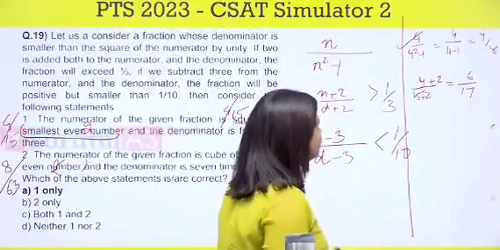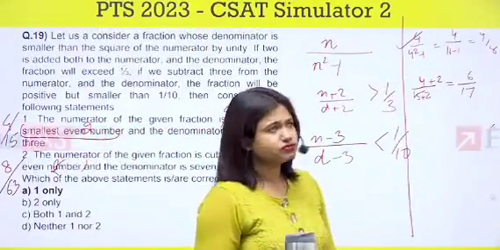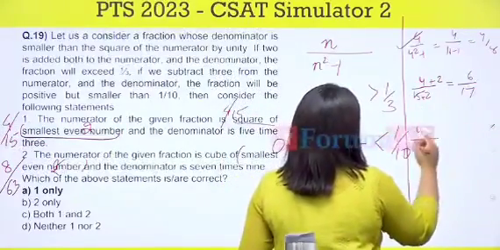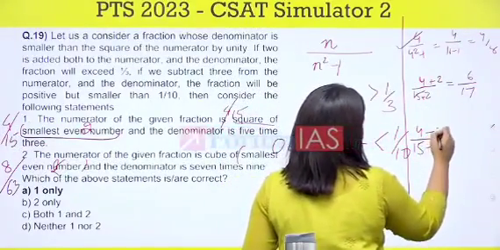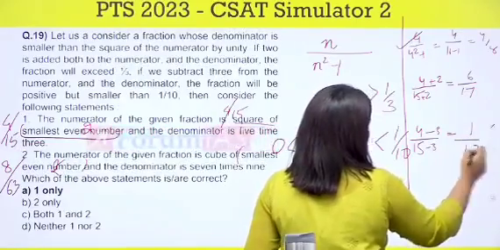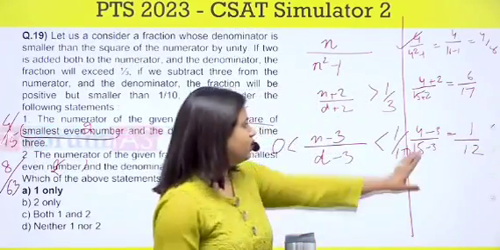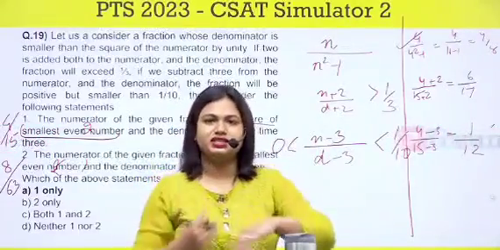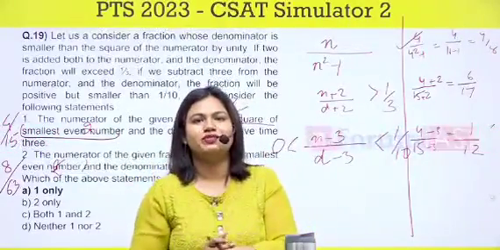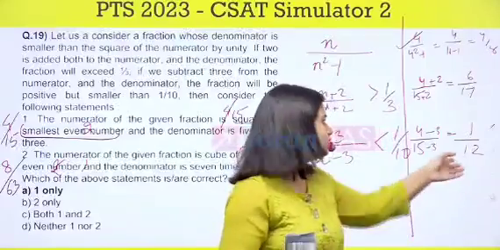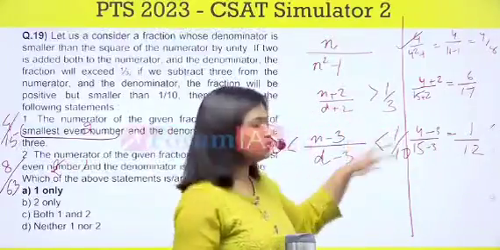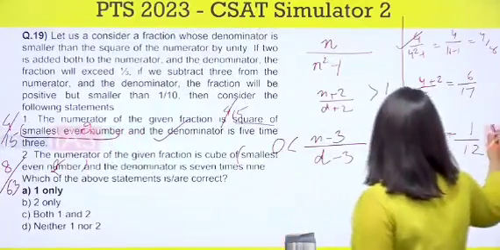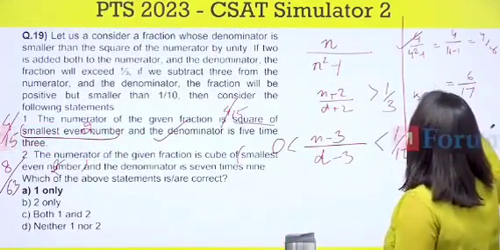So yes, 1/3 of 17 will be less than this. So this is true. Then 4 by 15 minus 3 means 1 by 12. Is it less than 1 by 10? 1 by 12 has to be less than 1 by 10 because one pie divided into 10 pieces and the same pie divided into 12 pieces, the 12 pieces will be smaller, right? So directly I'm able to see that, okay, statement 1 is correct. Now let's do the same calculation for the second one.